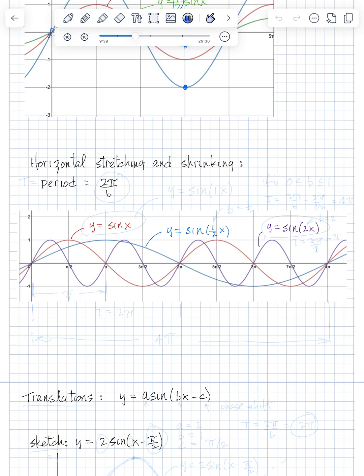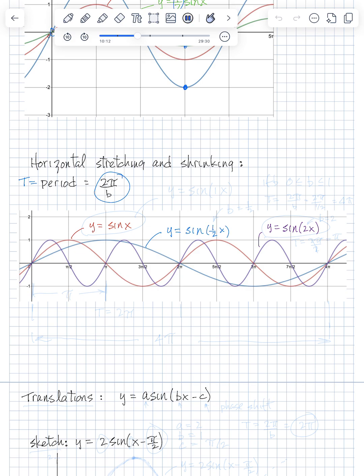Well, when stretching and shrinking come into play, B is not always 1. And so we have to say that the period, which is T, is 2 pi over B. Now, it may be that B is 1 in the previous cases, but it's not always going to be 1. So let's look at our three curves.